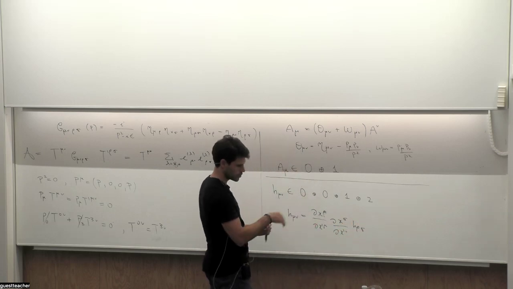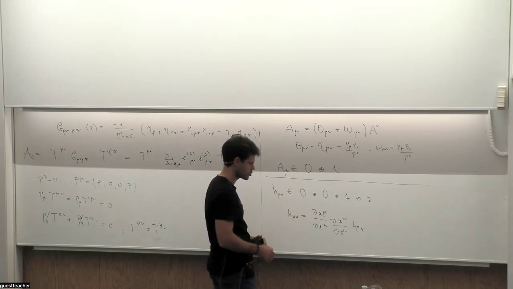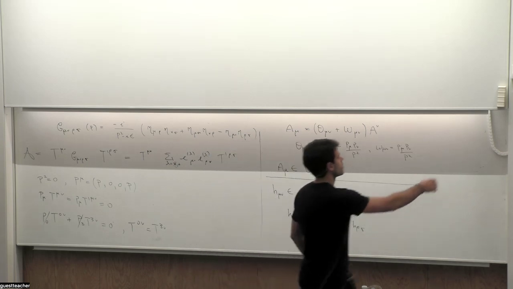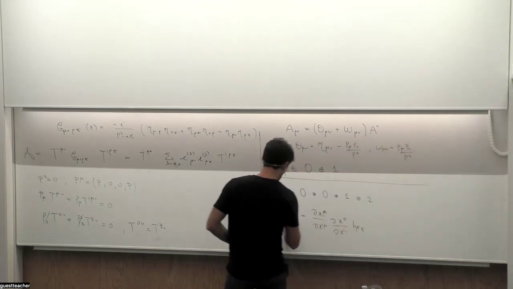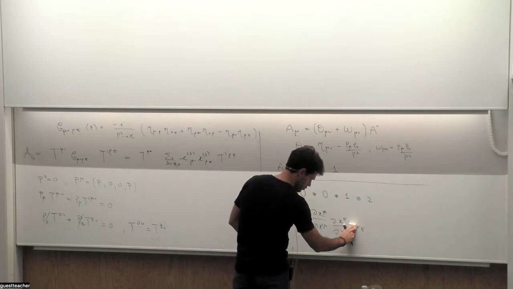But actually, I should not write this. That's what I wrote yesterday, which is true, but it's true only for the Lorentz transformation, because more generically, this is true for G mu nu. Right, this is the transformation for G mu nu.